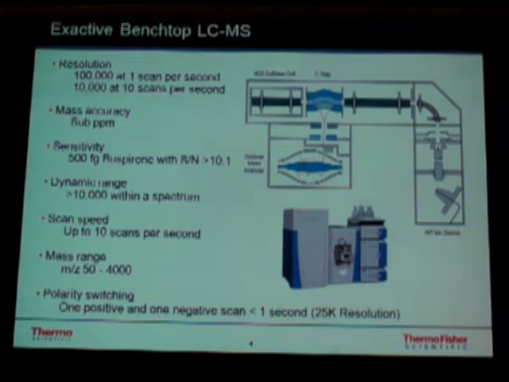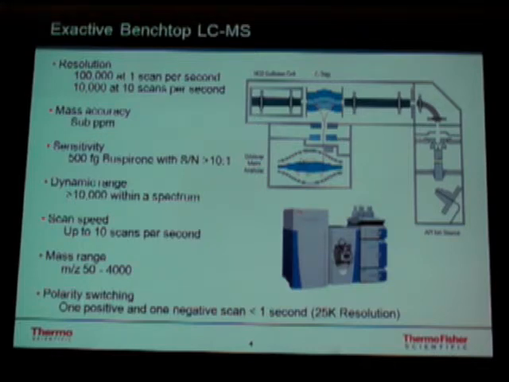The mass accuracy is sub-ppm, with very high sensitivity and dynamic range of about 10,000, so it is a very good quantitation device, and I'll show some data. You can scan as fast as 10 scans per second, and the mass range is from 50 to 4,000. That means it's great for both small molecules as well as for large intact proteins.